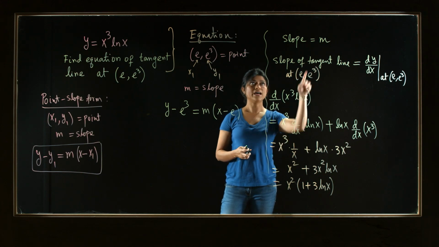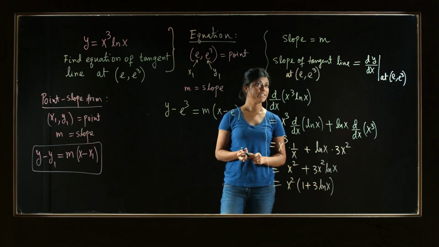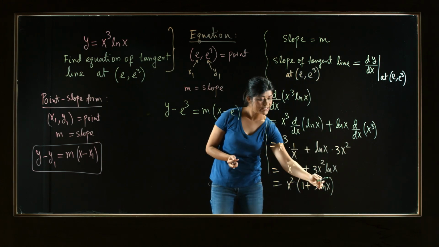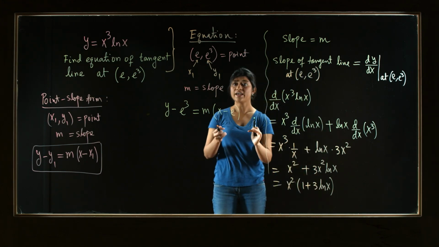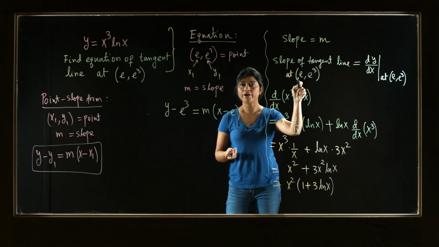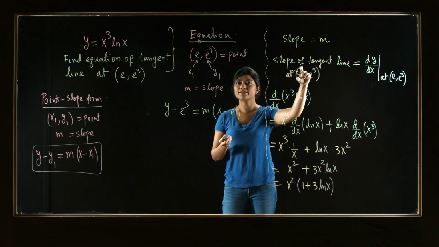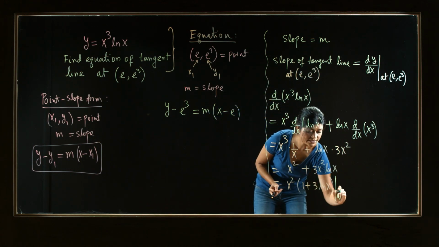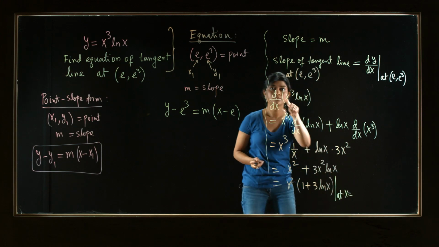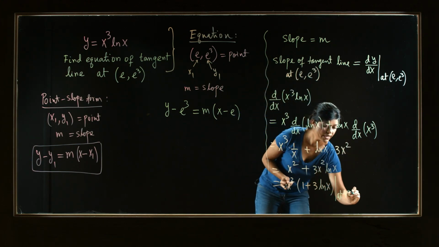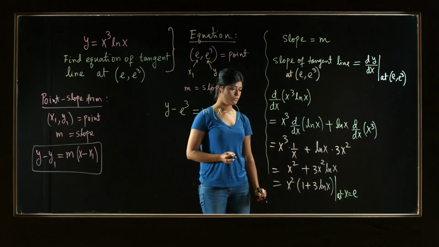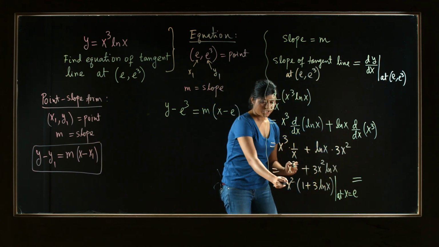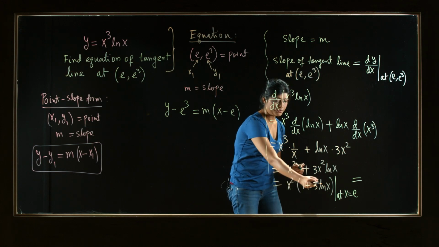Now to evaluate the slope, we need to find the slope at this point. Notice that in this expression we just have x, so from this point we only need to extract the x value. We have to evaluate this derivative at x equal to e. Just plug in e for x wherever you see x.